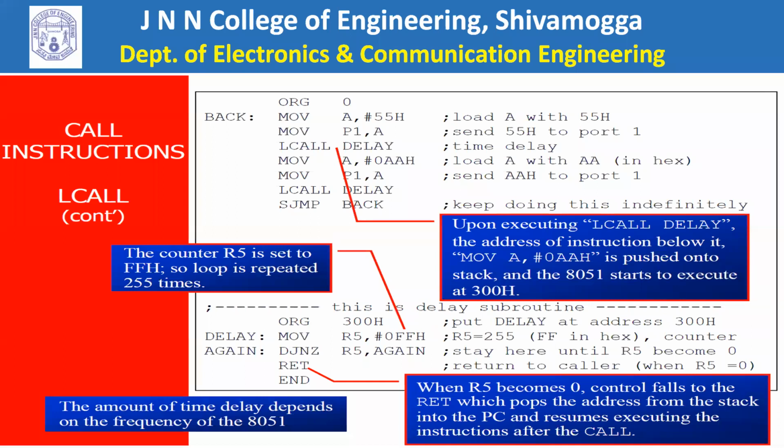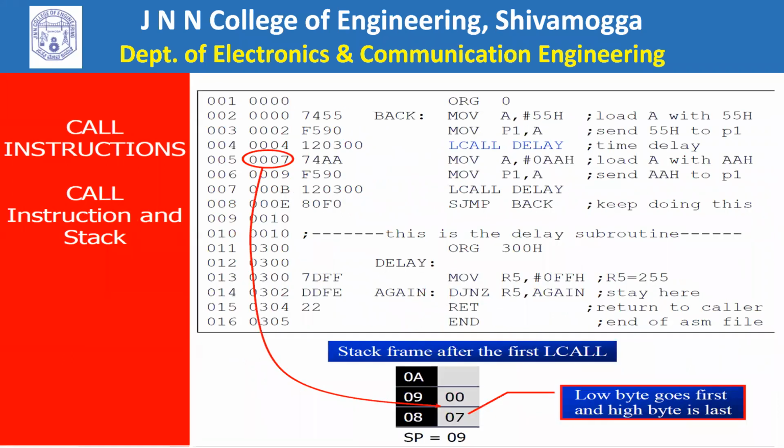Then the program counter is loaded with the address of the subroutine, in this case 300. Program control goes there and starts executing this delay subroutine. When the return instruction is encountered, whatever was pushed into the stack is popped into the program counter again, and control is transferred back to the main program, which starts executing it.